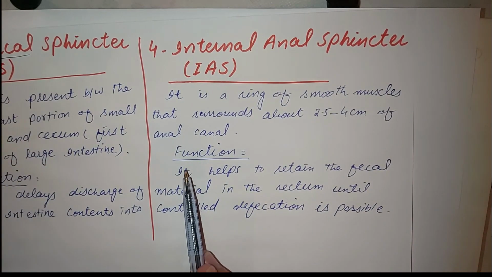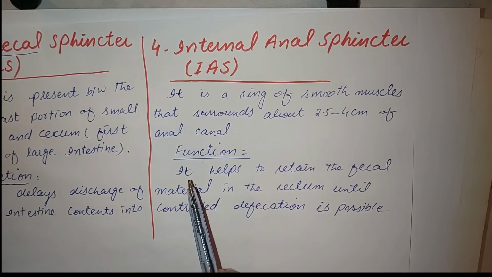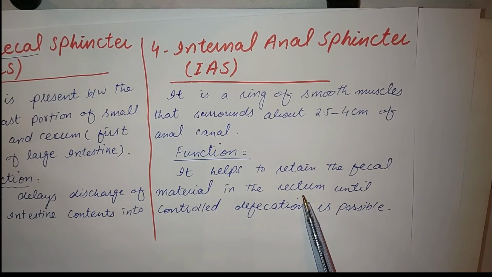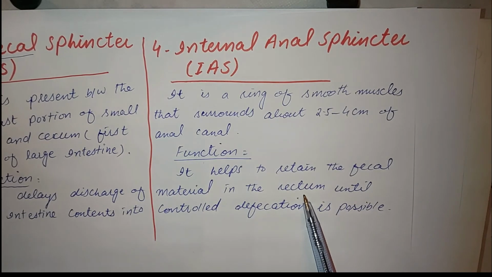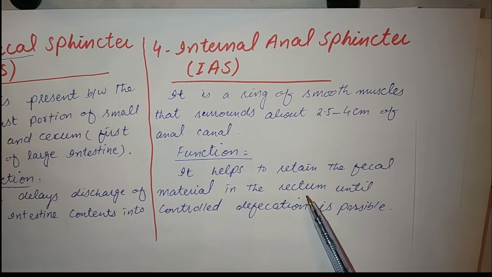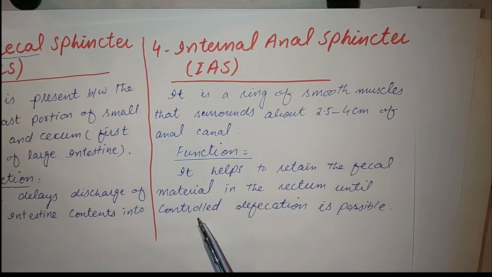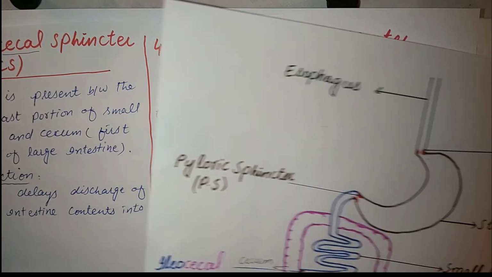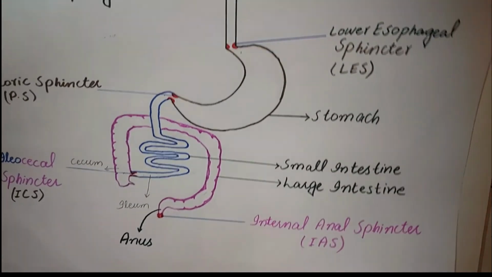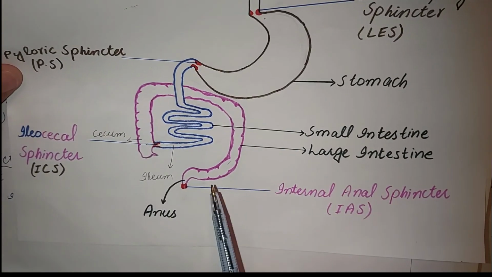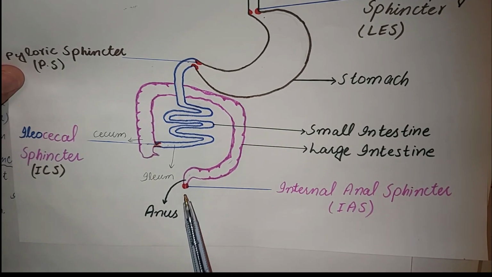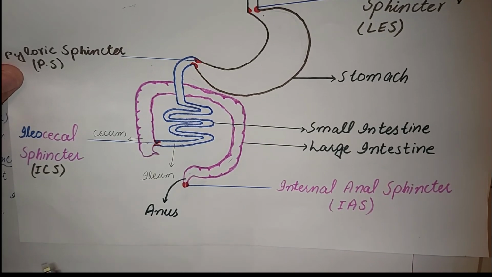What is the function of the internal anal sphincter? It helps to retain the fecal material in the rectum, the part of the large intestine, until controlled defecation is possible. From the diagram we can see that this is the rectum portion, and this is the anus.